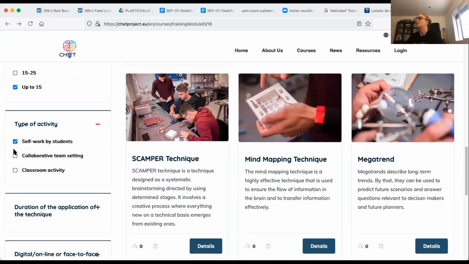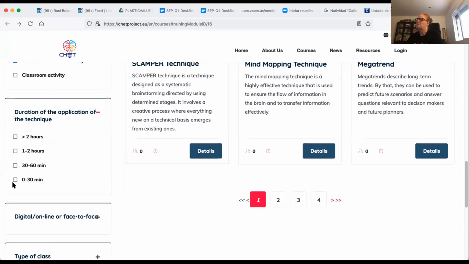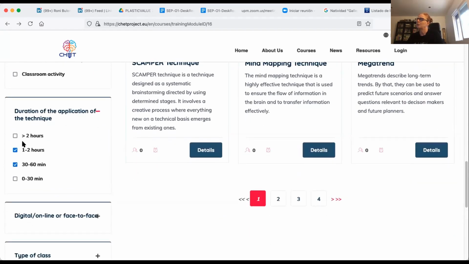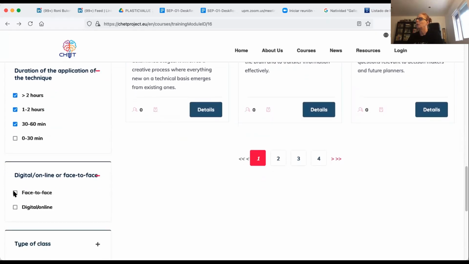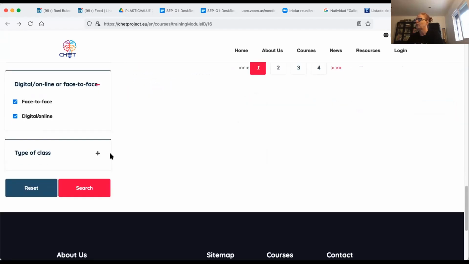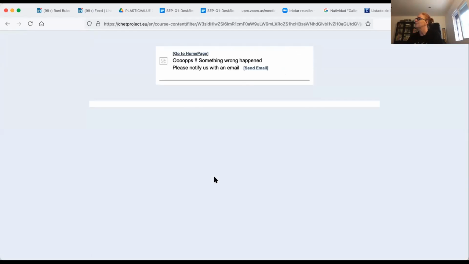And I want either self-work or classroom setting, a collaborative team. Duration anywhere between. For example, I want to see it for both digital and online, and a type of class, practice-based. And you can then search if there's a technique that fits.